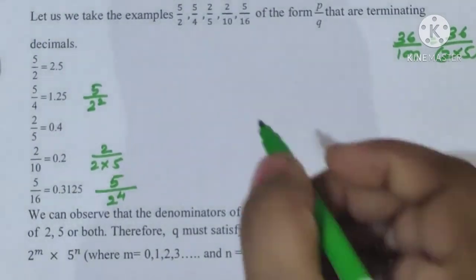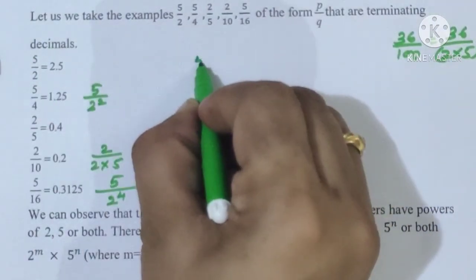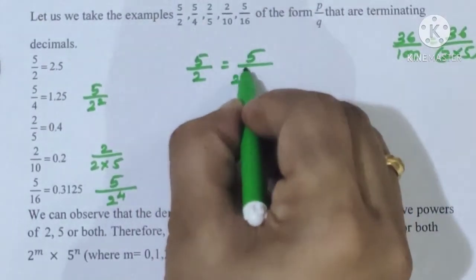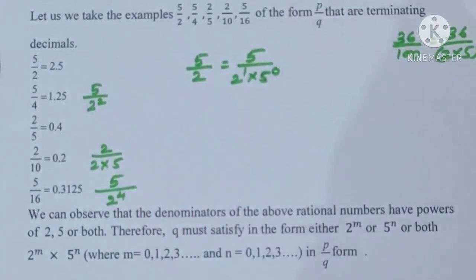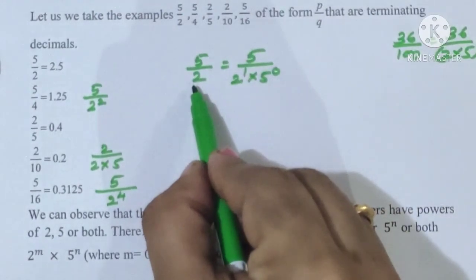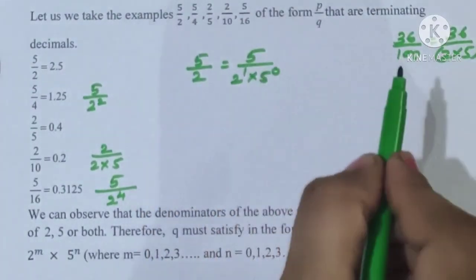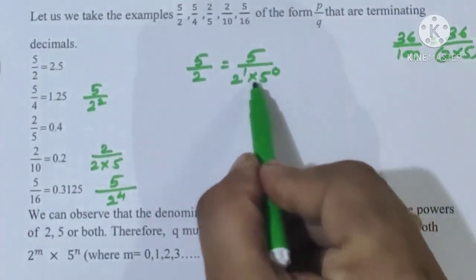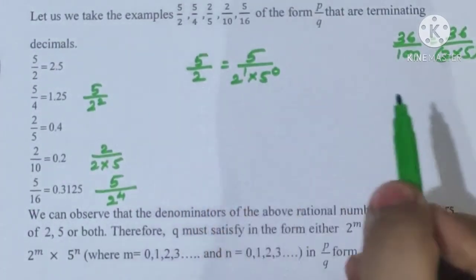Let us see the meaning of both also. 5 by 2 we can write as 5 by 2 raised to 1 into 5 raised to 0. That means when you have 2 alone, you can multiply with 5 raised to 0, that is 1 only. So again we can express it in the 2 into 5 format.